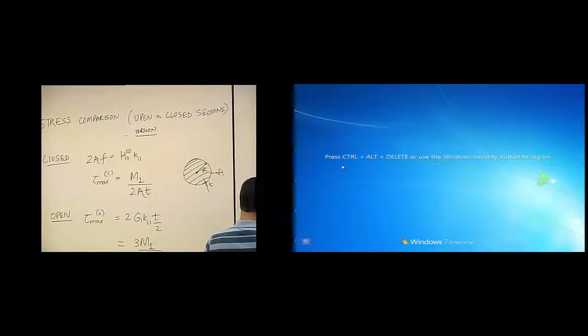So for the same ratio which we took for the comparison of stiffnesses, the thickness is almost 10 times less as compared to the radius. So tau max for the open section is closer to 60 times tau max for a closed section. So it means the shear stresses which are coming in an open section are almost 60 times more than the shear stresses in a closed section.